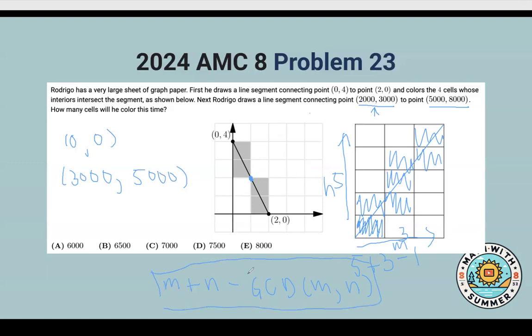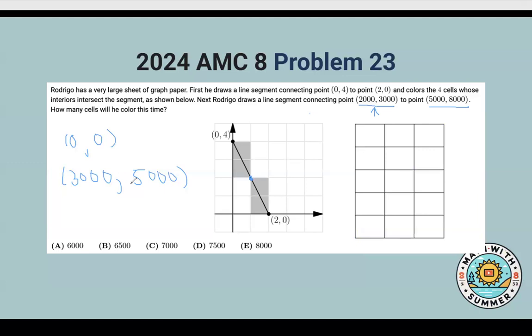Now that we know this, we can look for the answer to this 3,000 by 5,000 problem. We start with (0, 0), and we go to (3000, 5000). So this should just be m and n. It should be 3,000 plus 5,000, based on the formula, minus the GCD of 3,000 and 5,000. The GCD here should be 1,000, because 1,000 divides into both 3,000 and 5,000, and we can't go any higher.